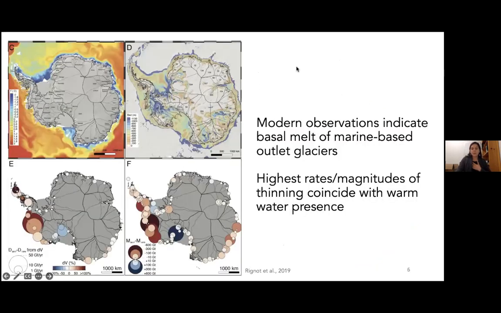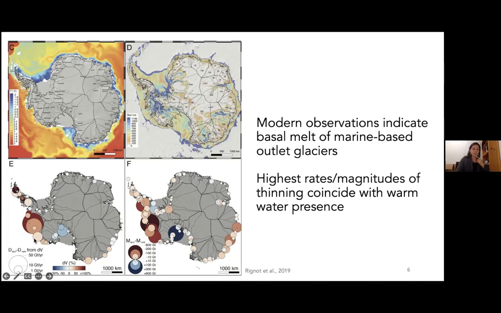Now, modern observations indicate that basal melt of marine-based outlet glaciers actually coincides with the presence of warm water, and the highest rates and magnitudes of thinning coincide with warm water presence, of course. Again, West Antarctica really jumps out at us, and for good reason.